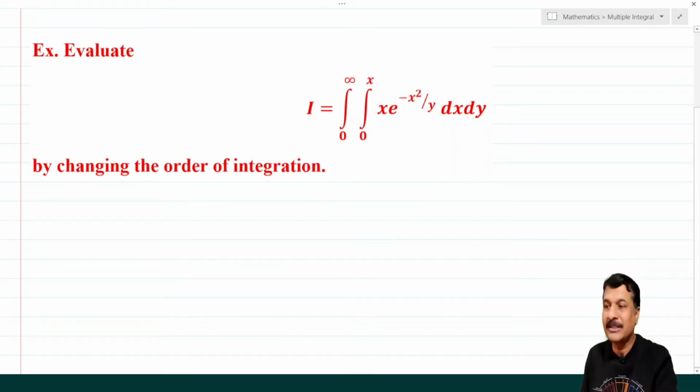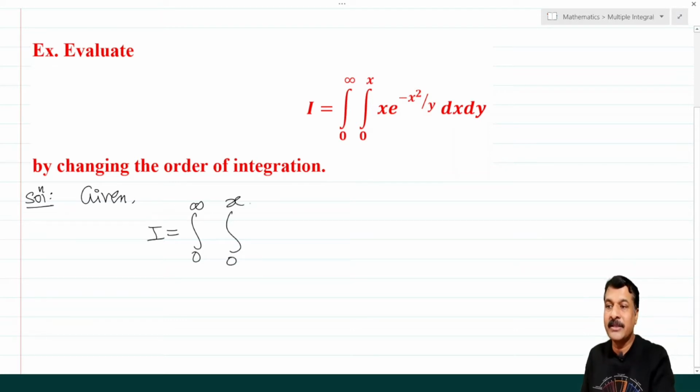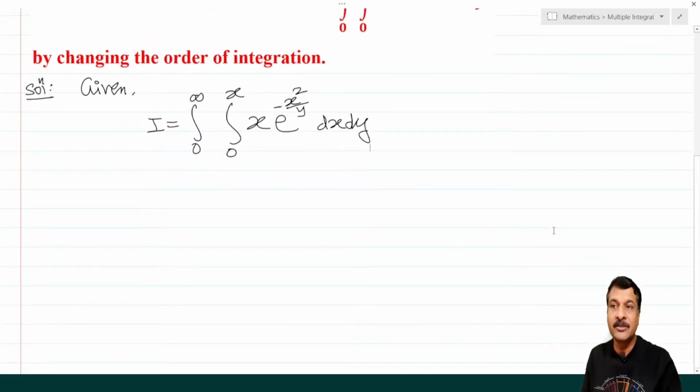So how to solve this? Solution: given I equal to the integral from 0 to infinity, inner integral from 0 to x, of e raised to minus x square by y, dx dy. I will always denote the integral by I. Now I want to evaluate this by changing the order of integration. What are the steps?